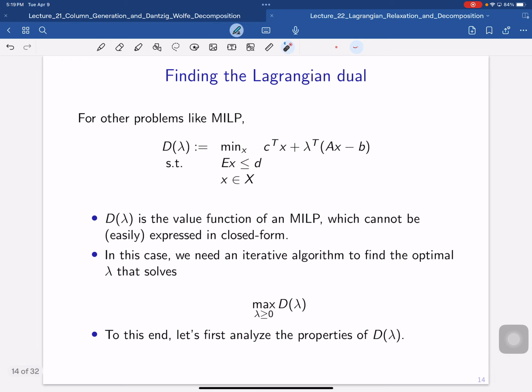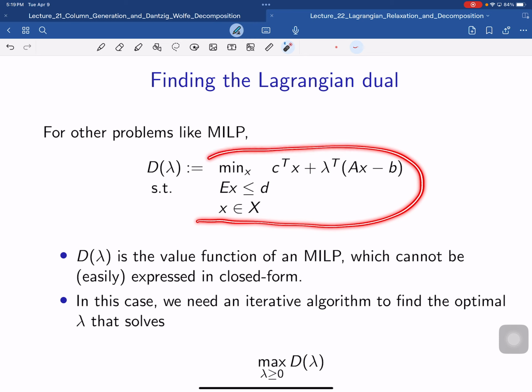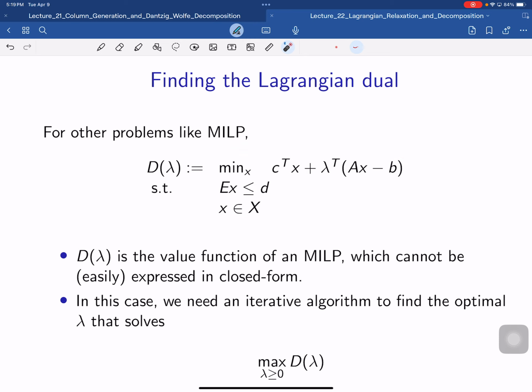If we have an MILP, you can think about this d of lambda function as the value function of an MILP. If you are given a lambda value, you have to solve an MILP to determine what the value of d of lambda is. There is no closed form solution for an MILP. If there were, life would be too easy: you give a lambda, and it outputs the objective value of an MILP. There are ways to do that, but that's very expensive.